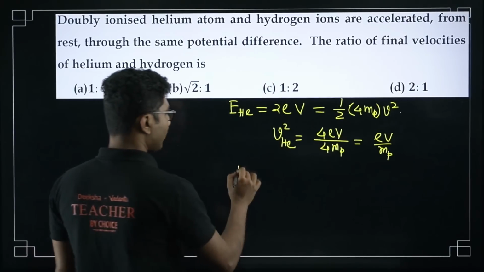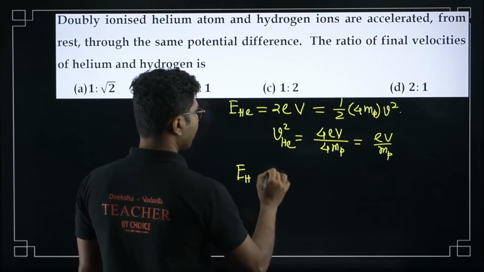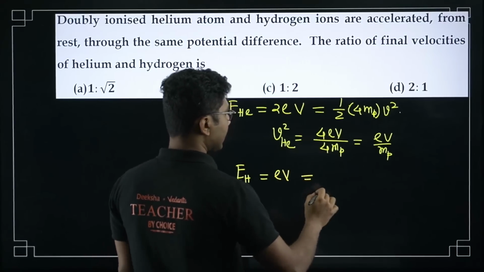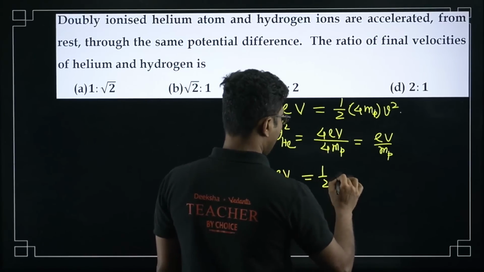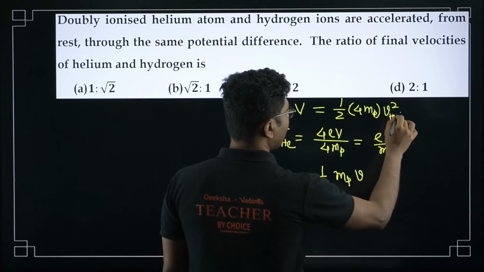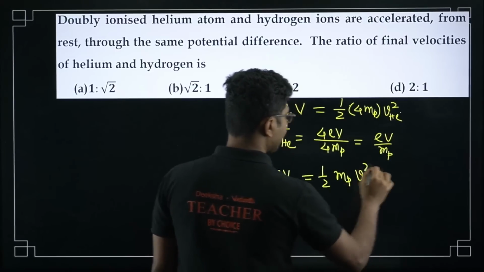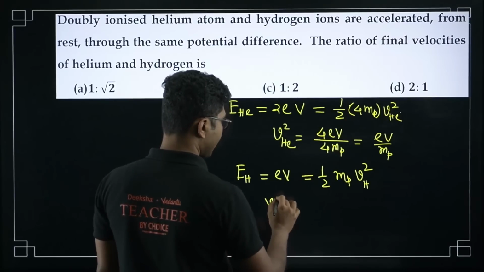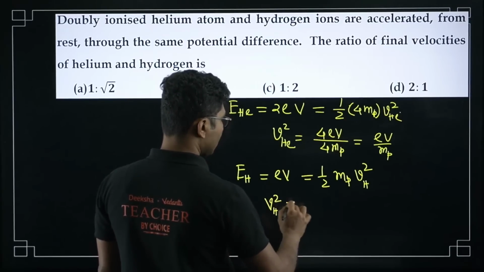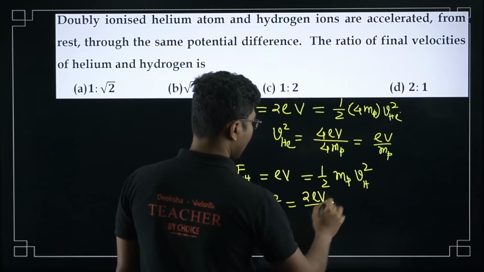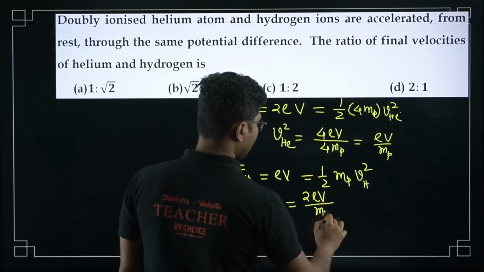Now energy of hydrogen will be E into V only, that is equals to half mass of proton into V of hydrogen square. So velocity of hydrogen square equals to 2 eV by MP.